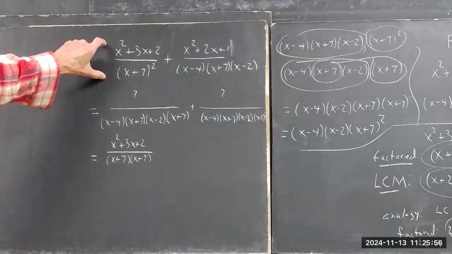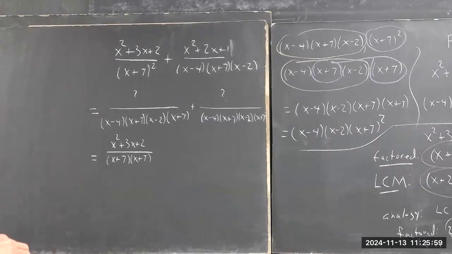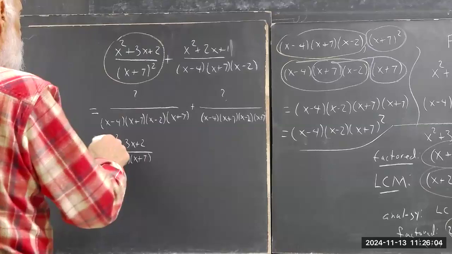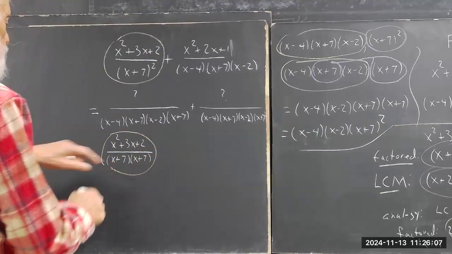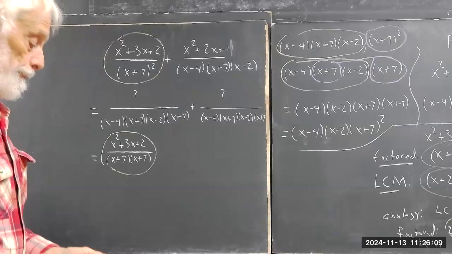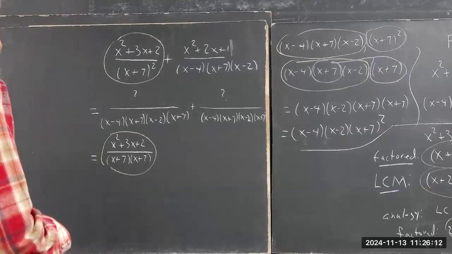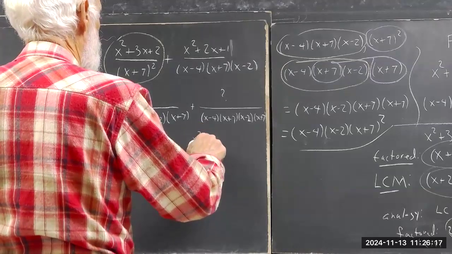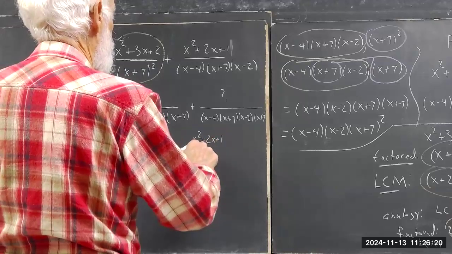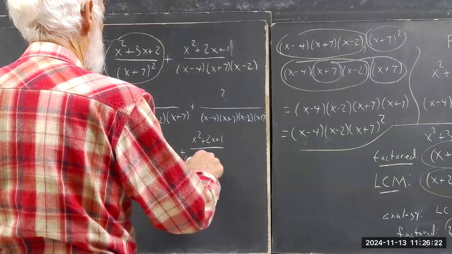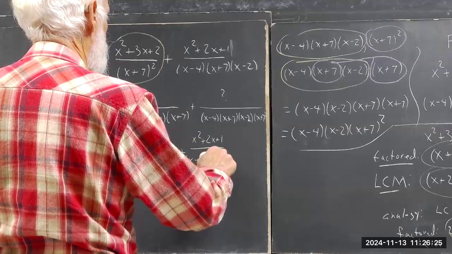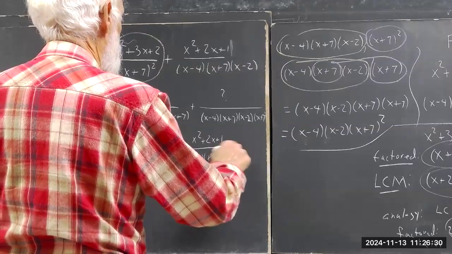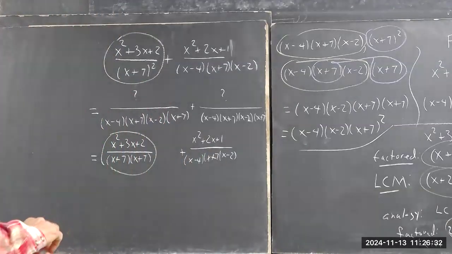I'm just going to write down this term, or this factor, sorry, it's a term. And I'll circle this just to indicate that this is the same as this. And then I'm going to write plus this.